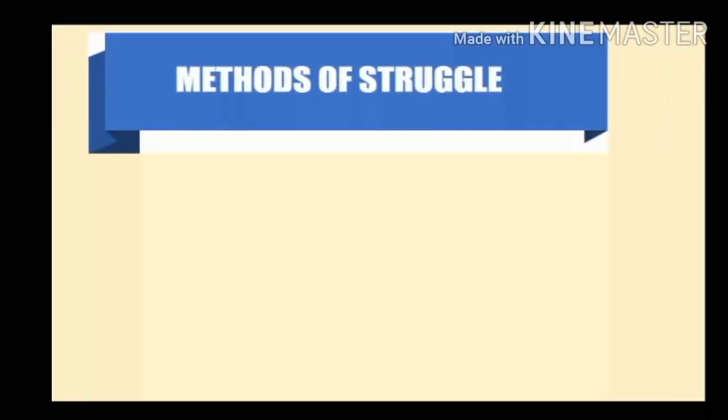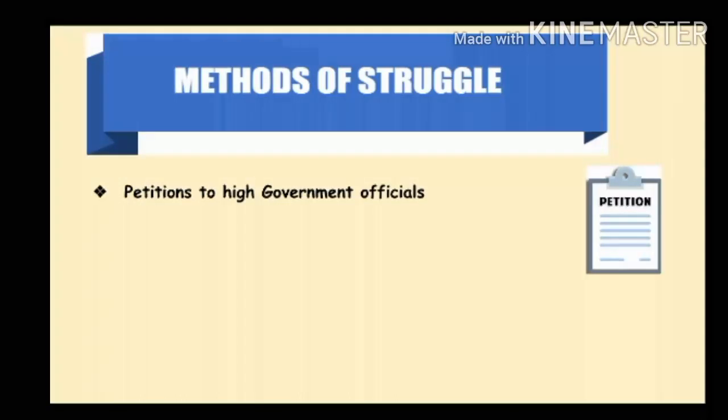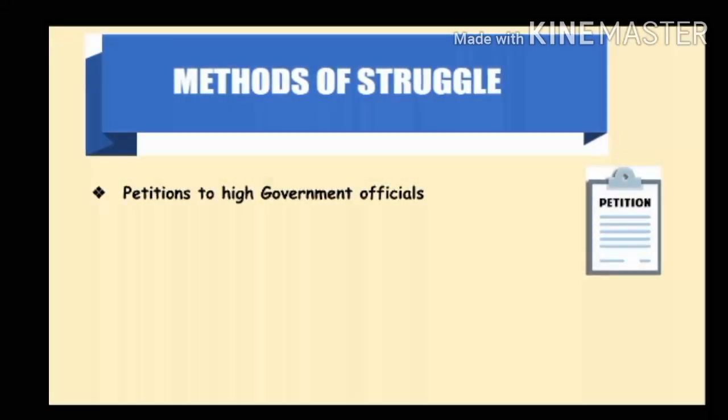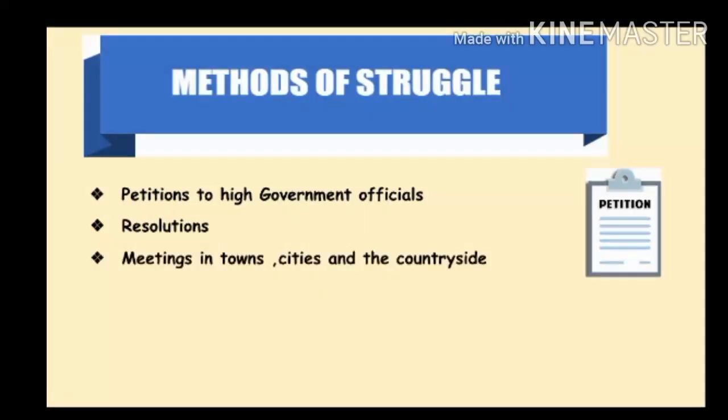Methods of struggle of the early nationalists. The early nationalists believed in constitutional means, and so they carried their agitation through petitions to high government officials, passing of resolutions, meetings in towns, cities, and countryside.